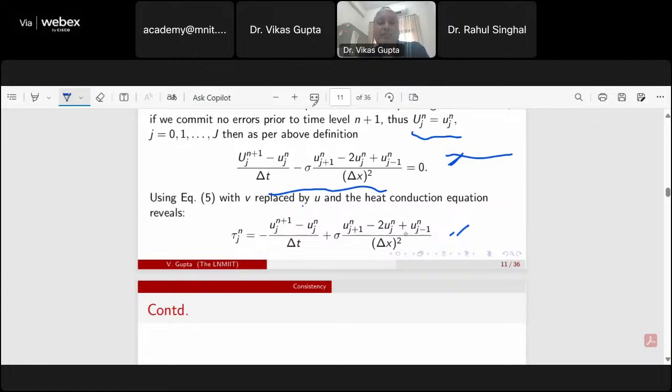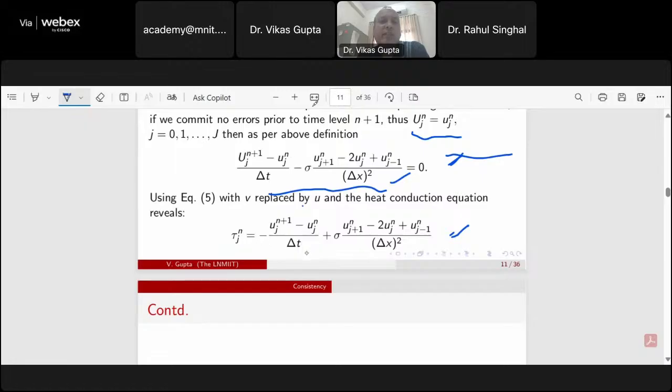This will be cancelled out if we, sorry, if we add both the equations. So this term will be cancelled out and also this will be cancelled out. Minus Ujn upon delta t, minus is here outside, so that term also cancels out.